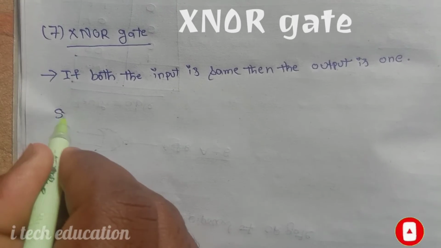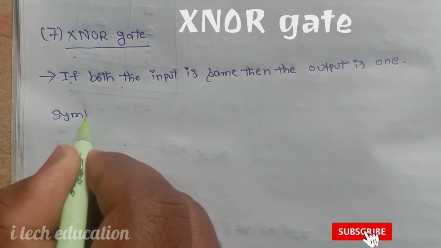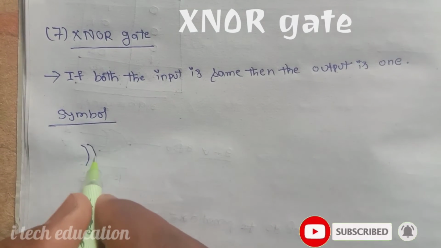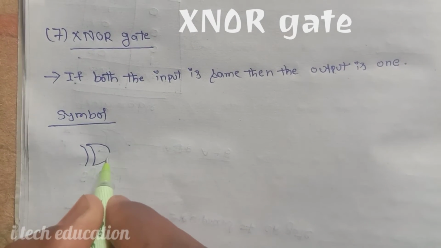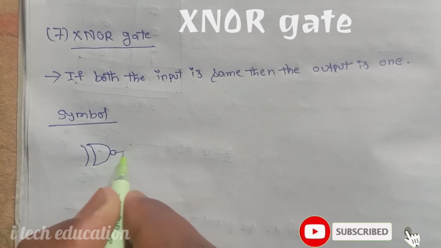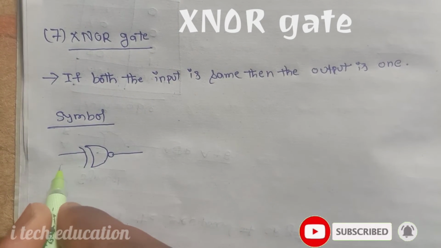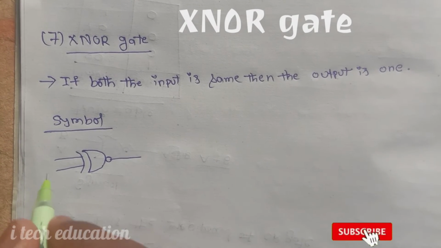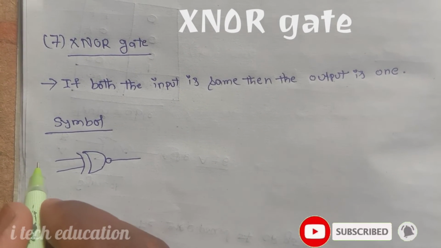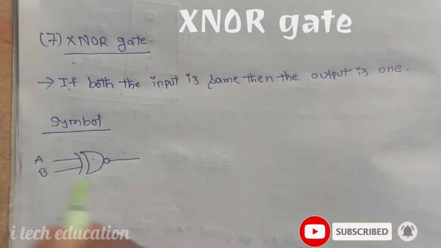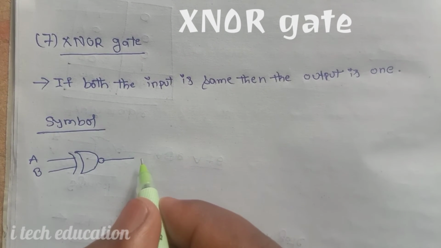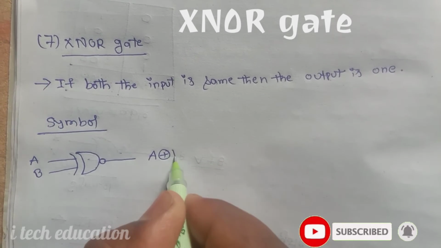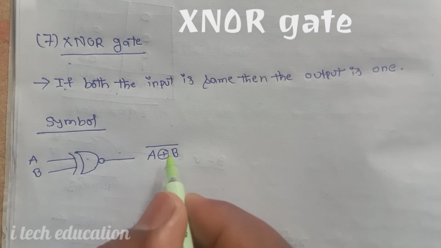The symbol of XNOR gate is like this. Here XNOR gate input is A and B, then it is A XNOR B.